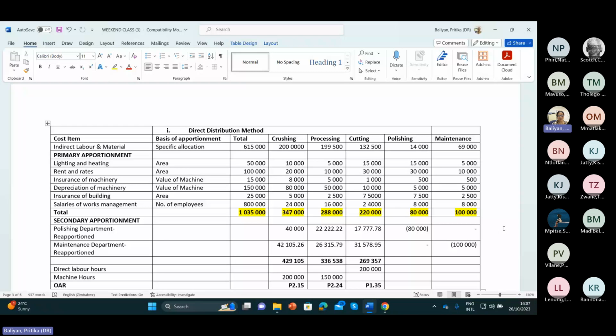So any cost incurred in the service department has to be apportioned to the production departments, because the service departments are there to assist the production departments and make sure that the production departments' job is working properly. Okay, so that is the concern.